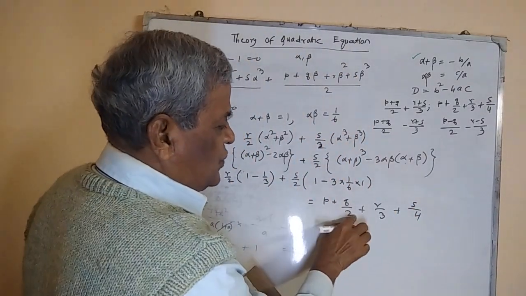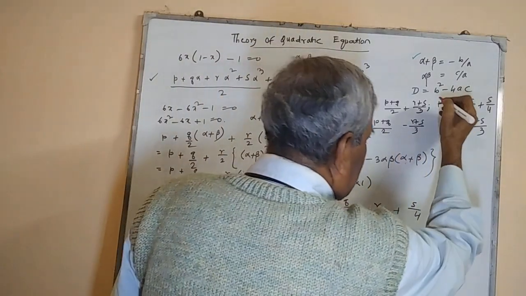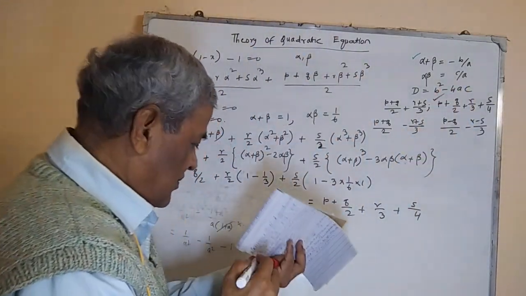So the answer is p plus q by 2 plus r by 3 plus s by 4, second option is correct.